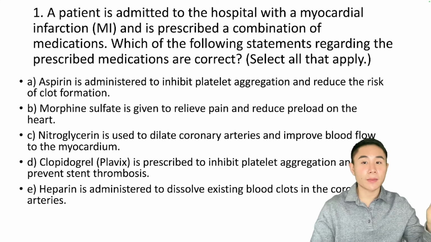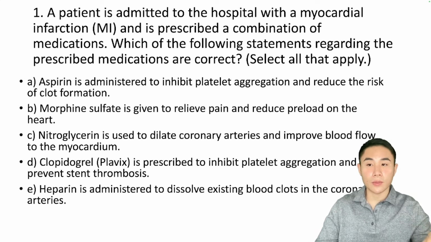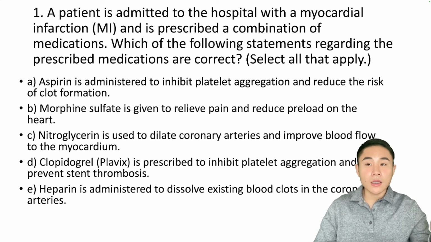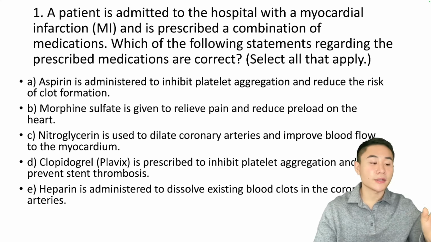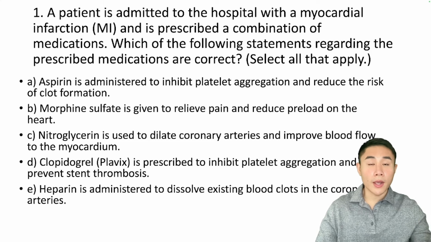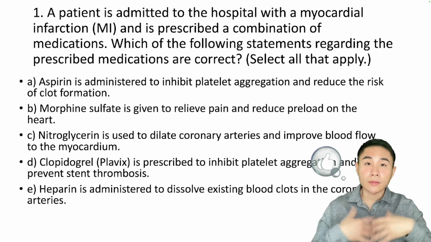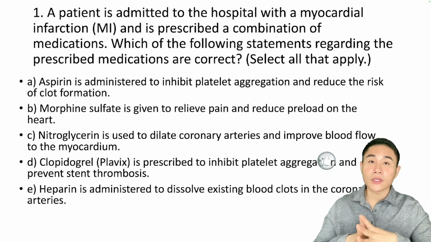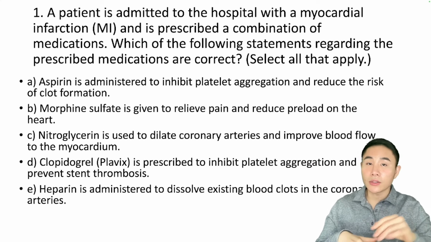A. Aspirin is administered to inhibit platelet aggregation and reduce the risk of clot formation. That's correct. So whenever you hear about myocardial infarctions, MI, remember the phrase MONA, M-O-N-A. So we'll usually give the patient morphine to help them with the pain. And then we give them oxygen, put the nasal cannula on the patient, 2-3 liters.